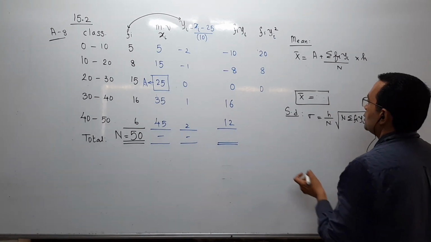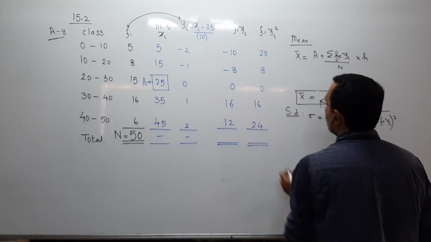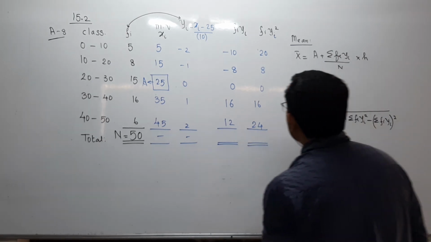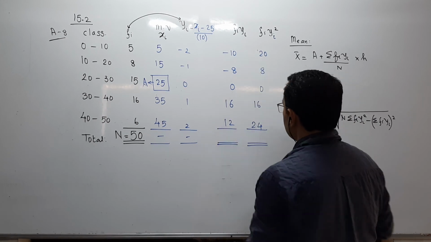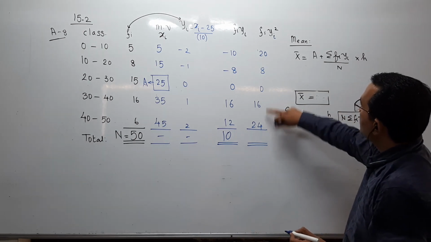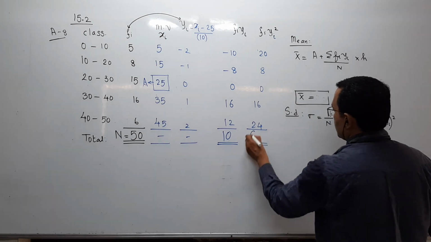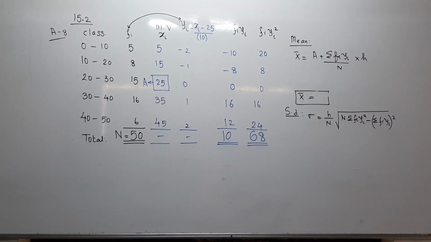Then 1 into 16 is 16, 12 into 2 is 24. So here we can say this total is 28 minus 18, so 10, and this is 40 plus 20, 60 plus 8, 68. So these totals are 10 and 68 respectively.